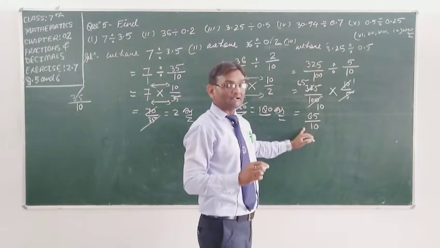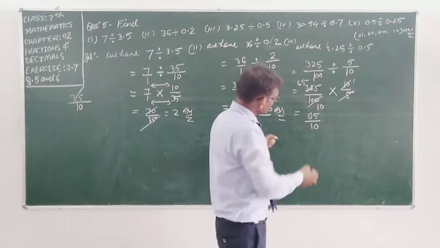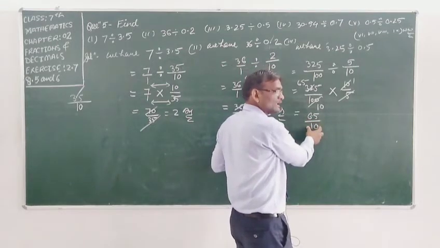Now student, you can divide it. 65 is greater than 10, so you can divide. And this is a whole number student, and this is a 10 type number.